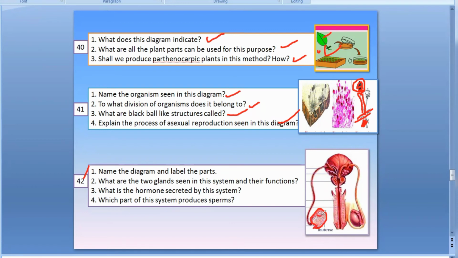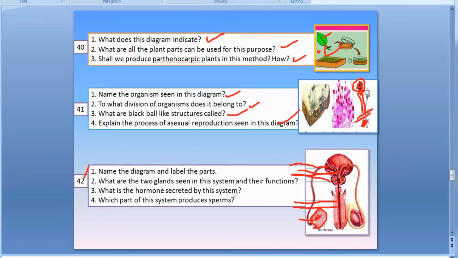The folded part inside is called the epididymis, and this is called the penis, and the urethra, prostate glands, seminal vesicles, ejaculatory duct, as well as the vas deferens. So these are the parts.